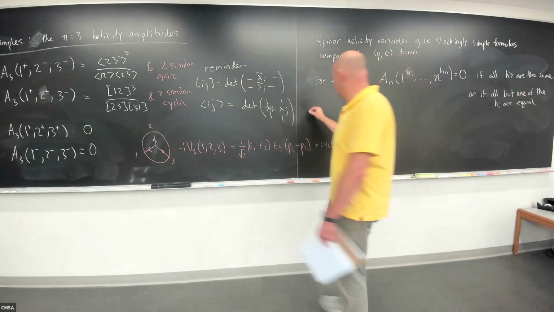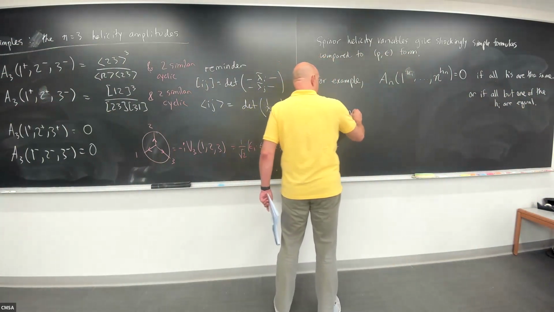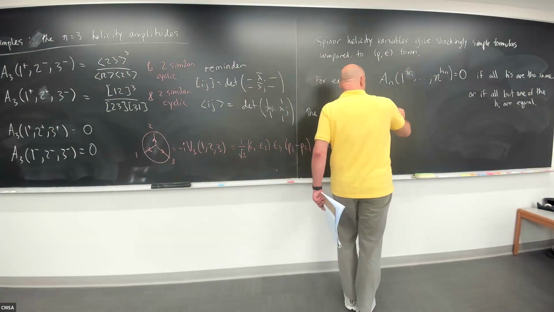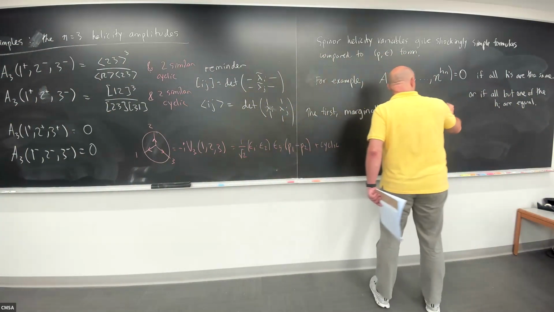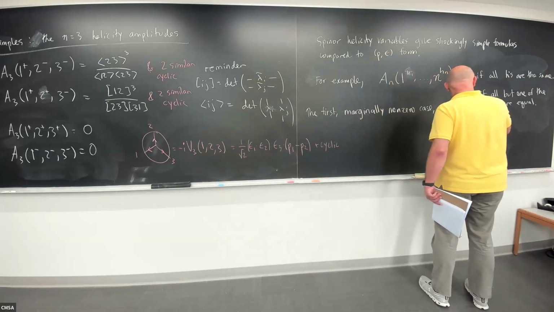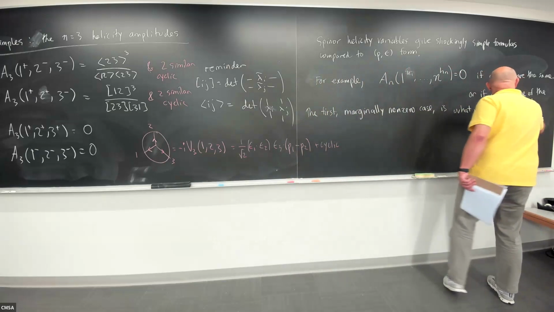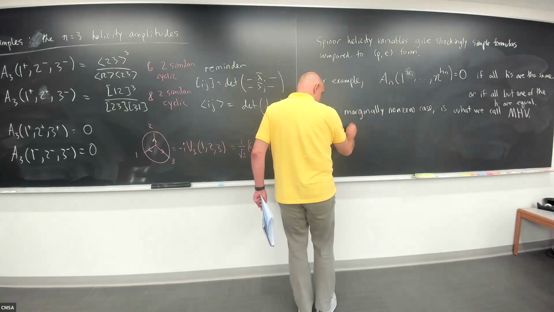So the first interesting case, the first marginally non-zero case, is what we call MHV. That word stands for maximally helicity violating.